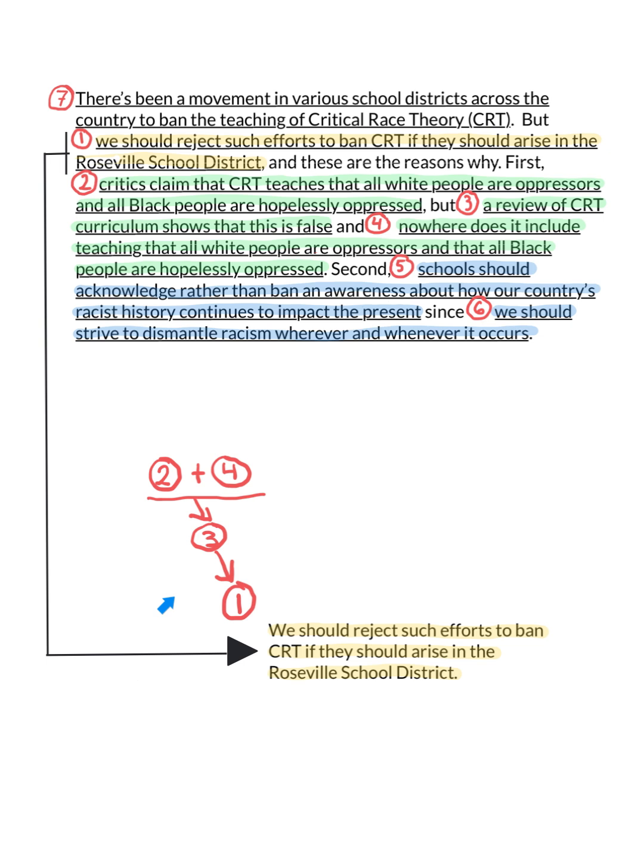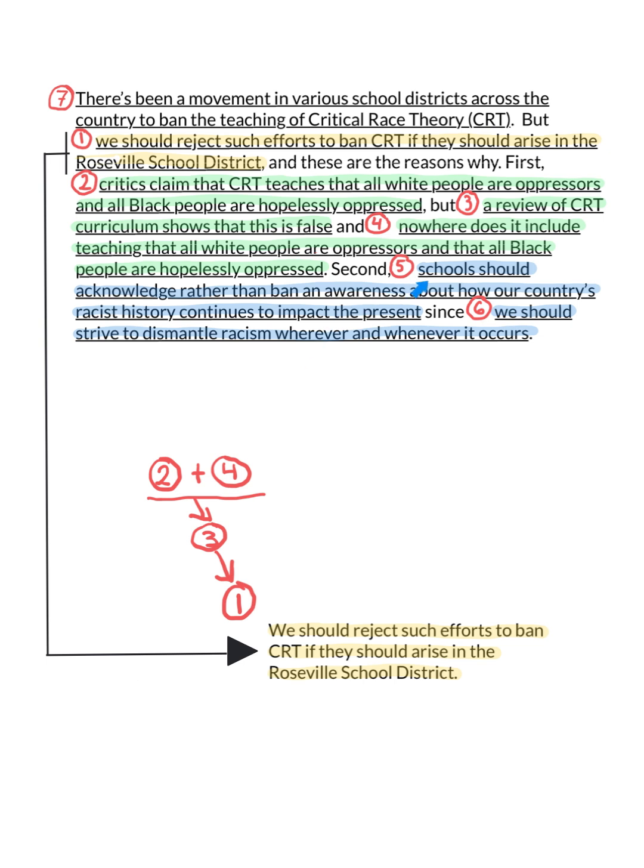So analyzing this argument helps reveal that very clearly. Now let's take a look at the second sub-argument. I've highlighted it in blue, and this is a separate set of claims because it introduces a whole new set of reasons for why we should reject efforts to ban CRT.